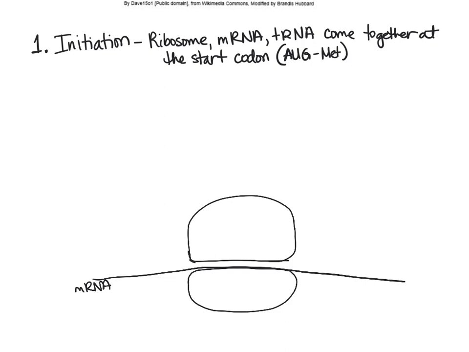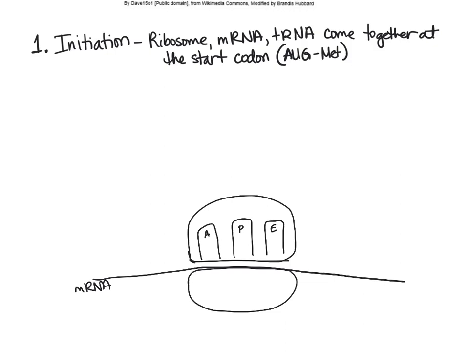In our ribosome, we actually have 3 spots, kind of 3 seats in the ribosome. They're A, P, and E. So we have these 3 spots here.